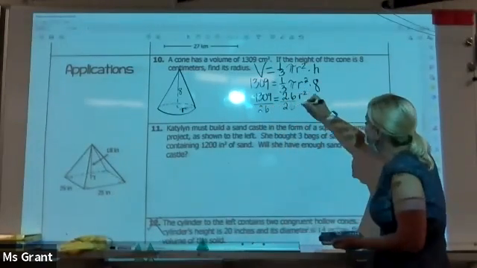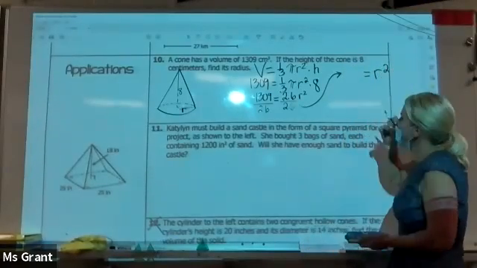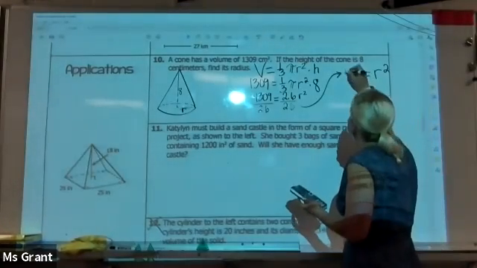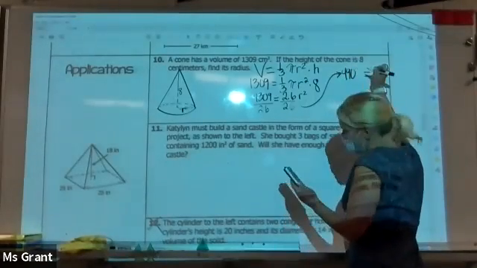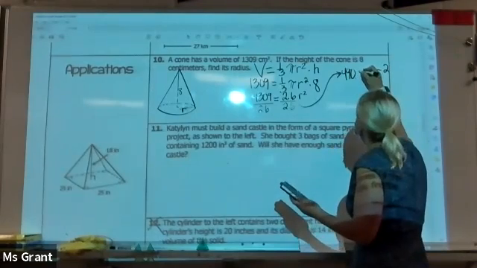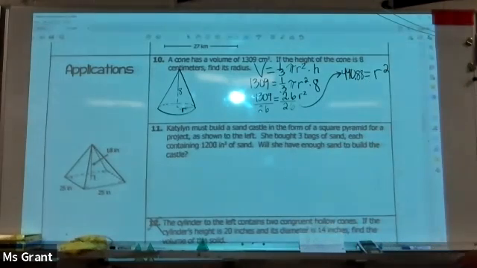So I'm going to divide both sides by 2.6. 1309 divided by 2.6666, you can put as many as you want, but the point is you're going to get 490.88.